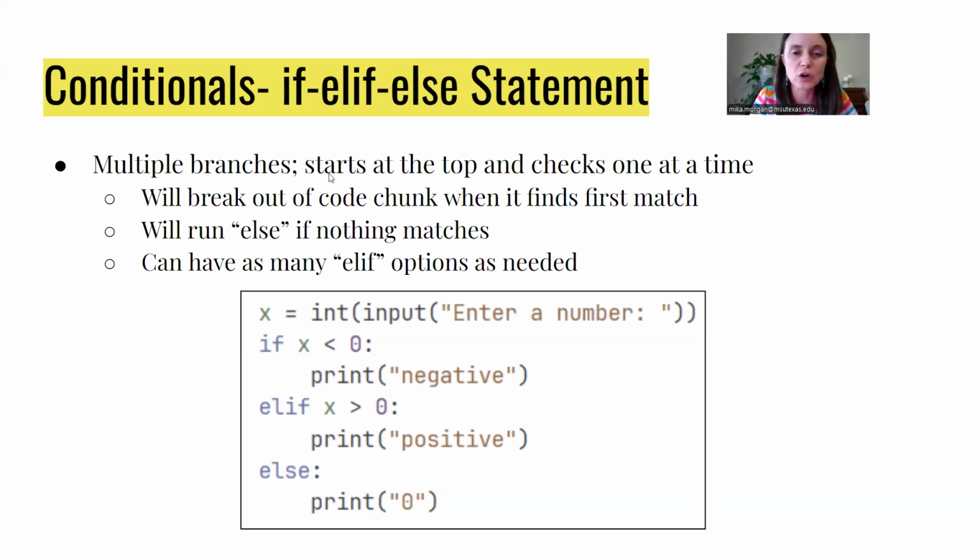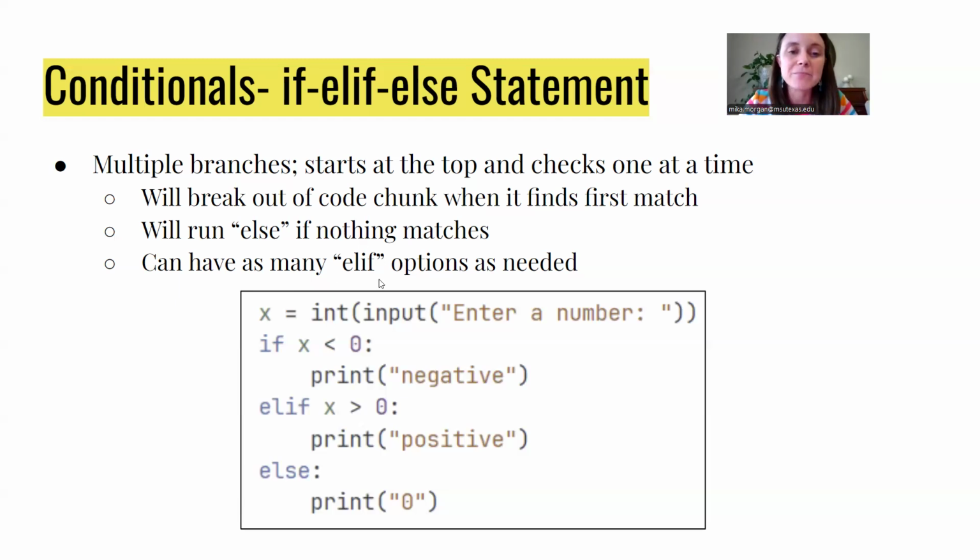The computer will start at the top and check them one at a time. As soon as it finds the first match, it will break out of the entire code chunk. If it checks every conditional and none of them match, then it will run the else statement. So the else statement is kind of like our default: you checked everything and nothing was true, so we come down here and run the else statement.